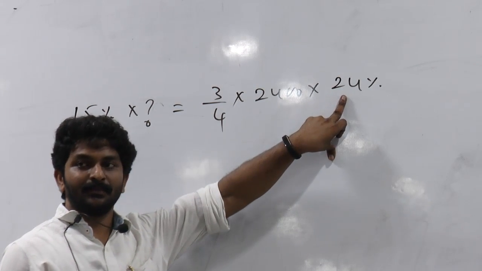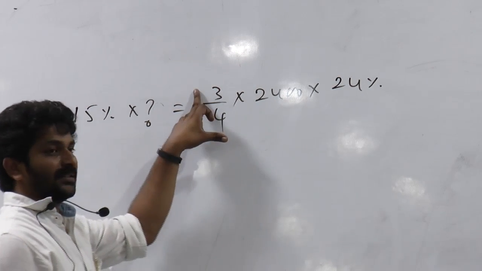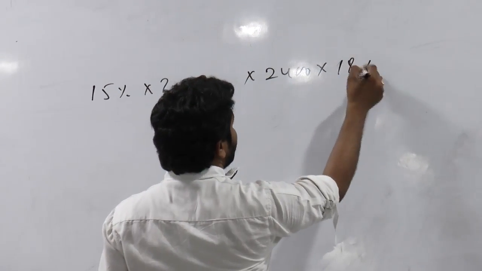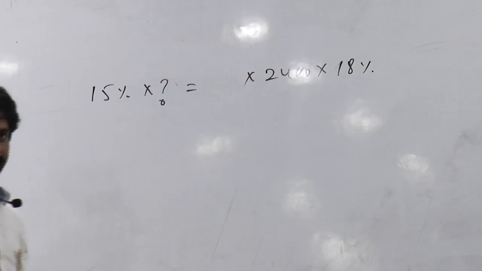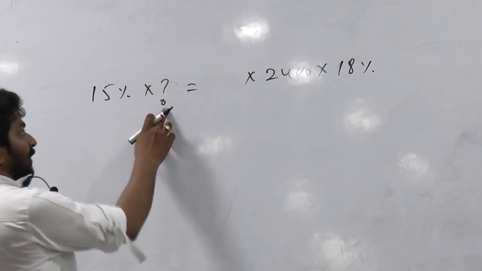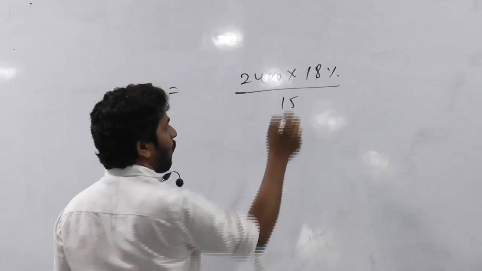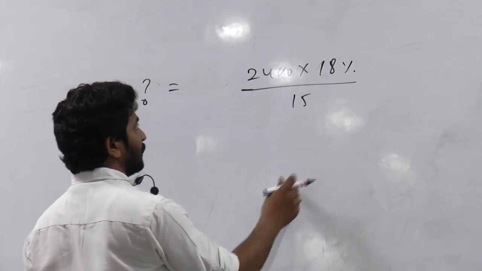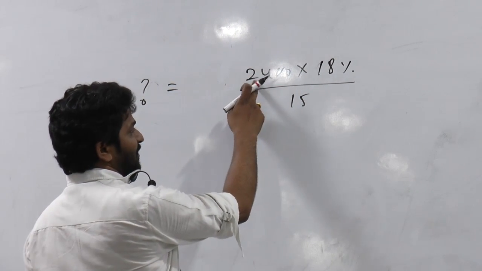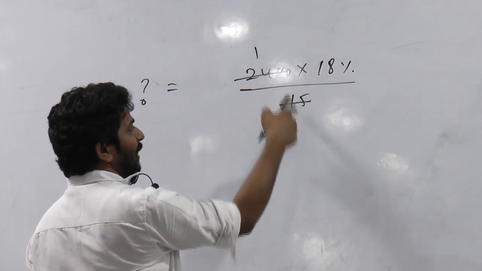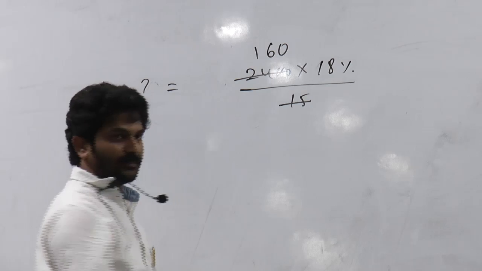How many times? 6. 6 3s? 18. So I'll write as 18% of this much. This is equal to by 15. Is this 15 multiple? Yes. 15 ones, 90 you have, 60 times.